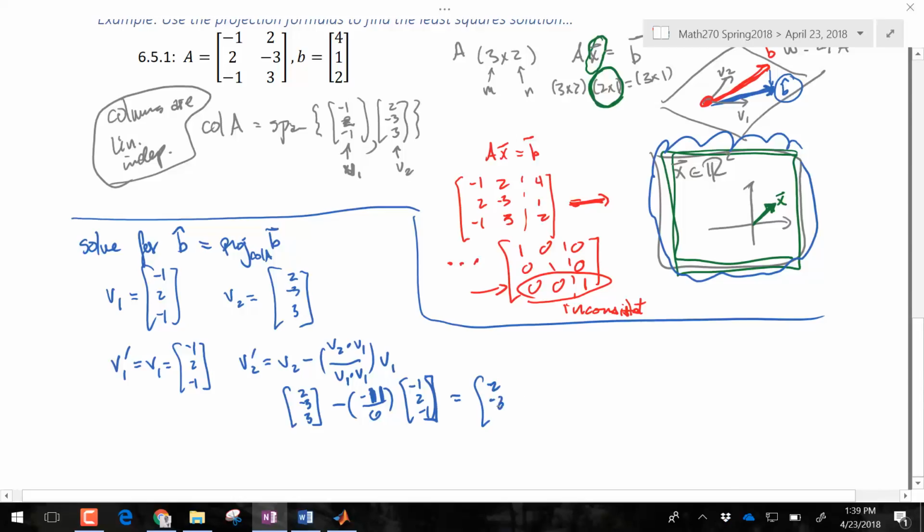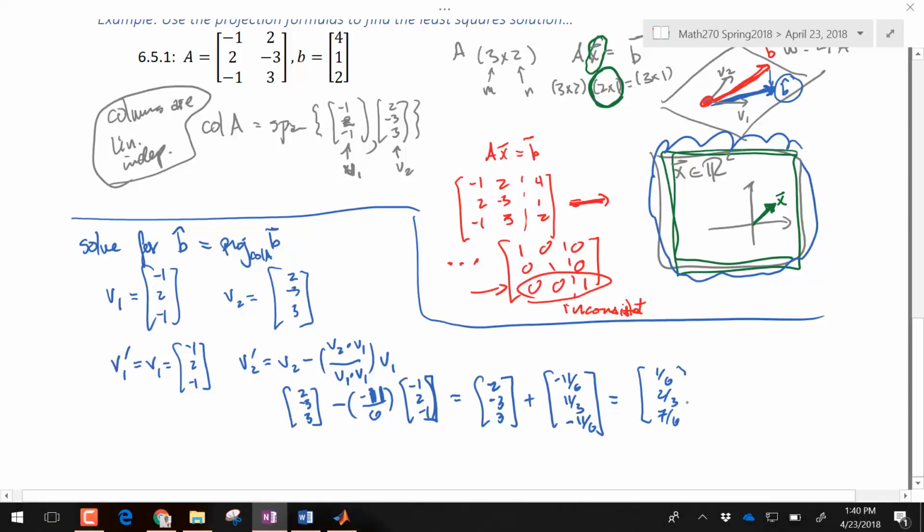Yeah, we should probably do that because clearly I'm not accomplishing what I want here. So plus, plus, negative, so negative 11 over 6. Plus, plus, it's positive 22 over 6, 11 over 3. And then plus, plus, negative 11 over 6 again. 1/6. 2/3. Whew, man.